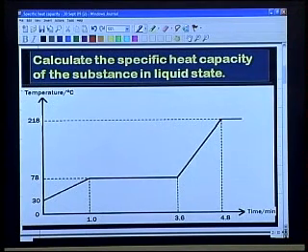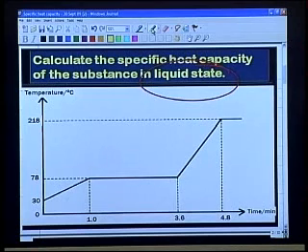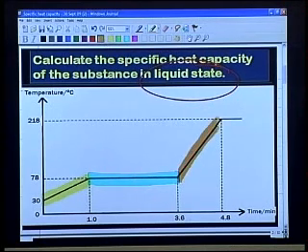Now, why is it that the phrase liquid state is so important? If you look at the curve, I use 3 different colors. If you look at the yellow line, the yellow line is actually the substance when it is still a solid.